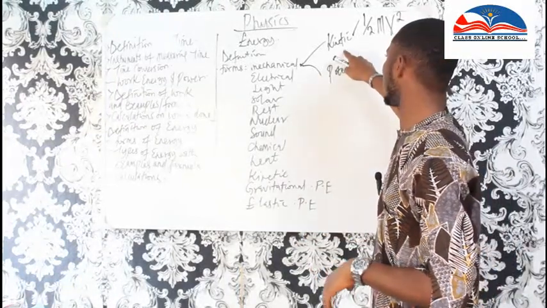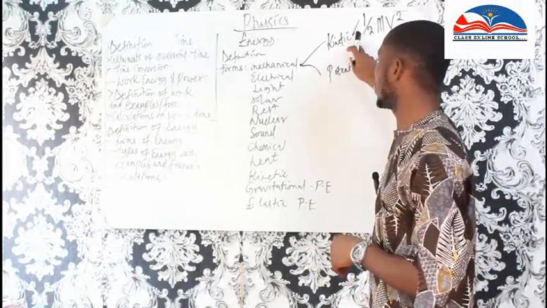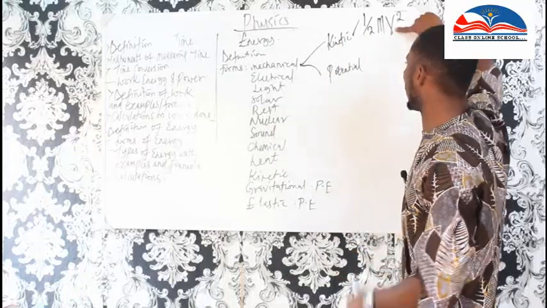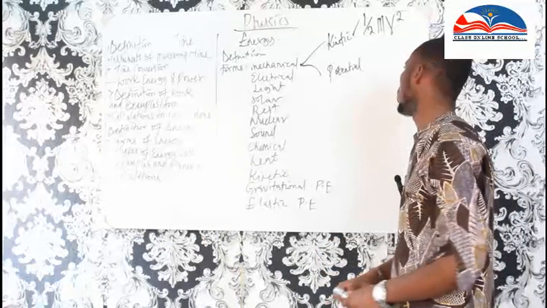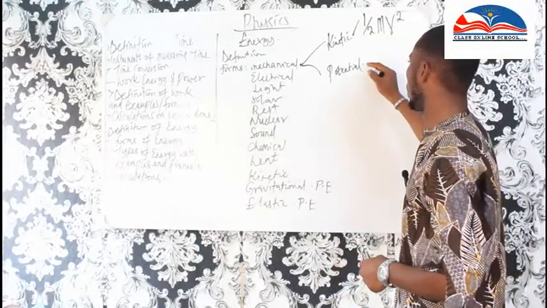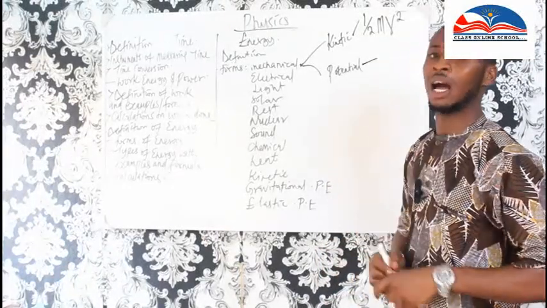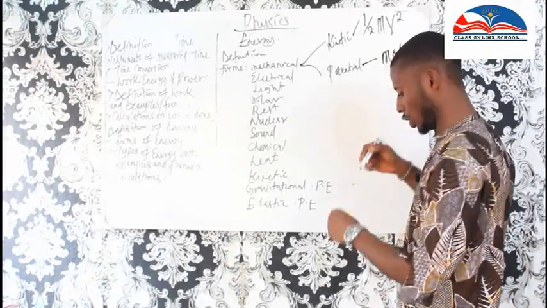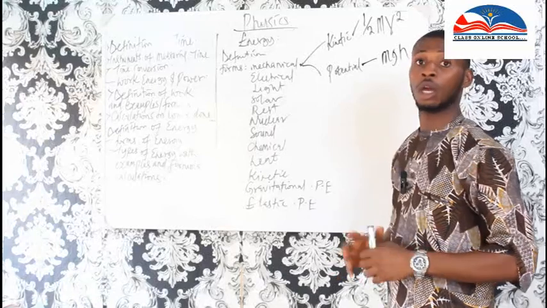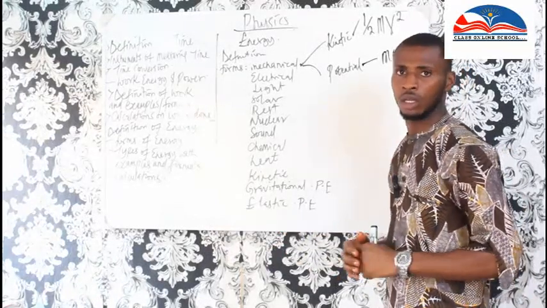Remember, I told you that is the energy of a body in motion. That is why we have velocity. Are we there? All right. We have potential energy, the energy of a body at rest. At this point, we have mgh. A body at rest.